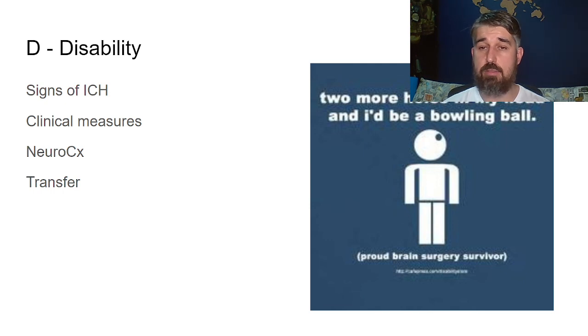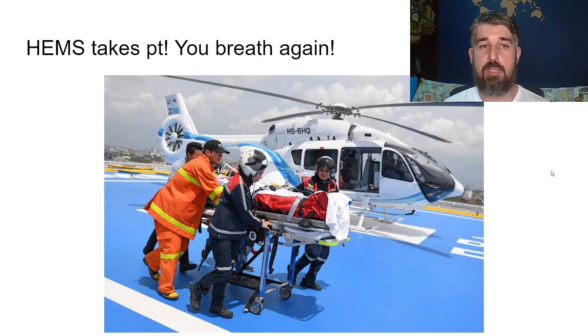This guy needs to get a CT, need to get evaluation, and may need to go to surgery for that. And we don't have this in our hospital, so we need to transfer him. We call in, and of course, HEMS comes, and the helicopter.